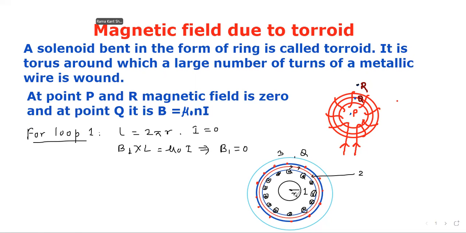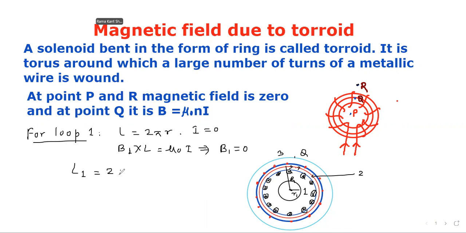For Amperian loop number 2, suppose the radius is, say, capital R. Now we again find the length of this ring, which we write as L1.